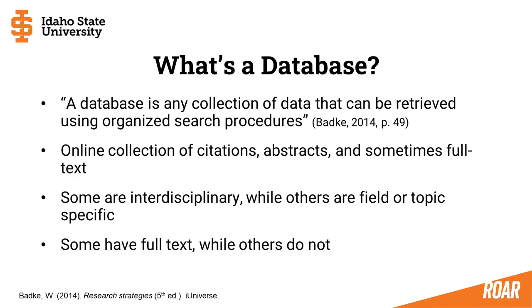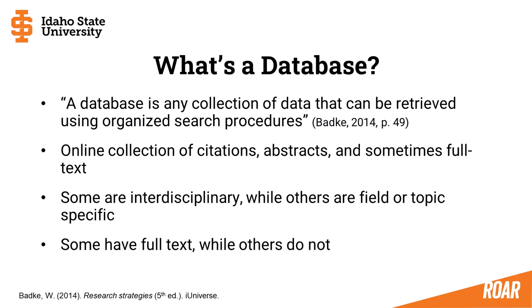We are going to be looking specifically at some different types of databases this week. Databases broadly are really just collections of information or collections of data that can be, as we see here, retrieved using organized search procedures. We've been focusing a lot on learning those search procedures, and we're going to implement them really deeply into article databases this week.